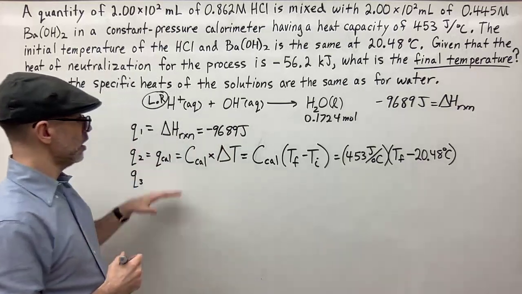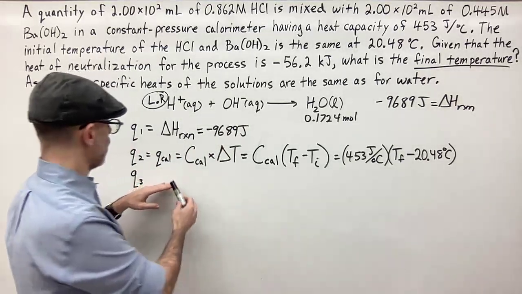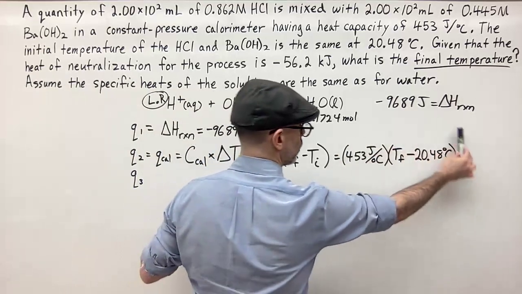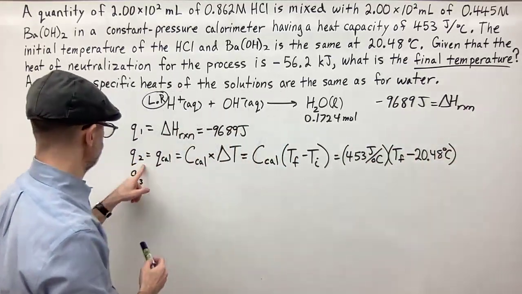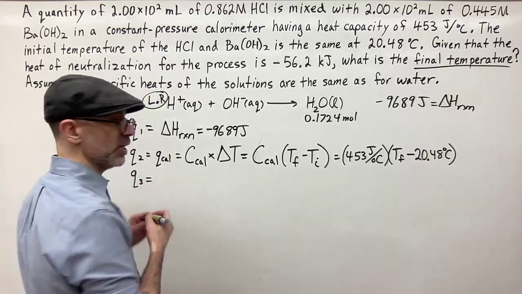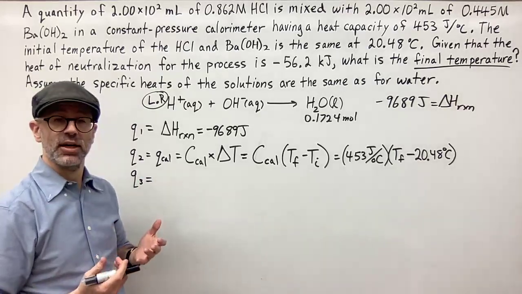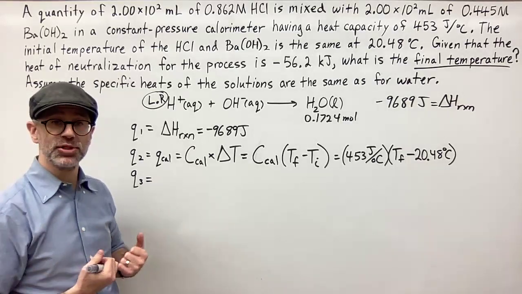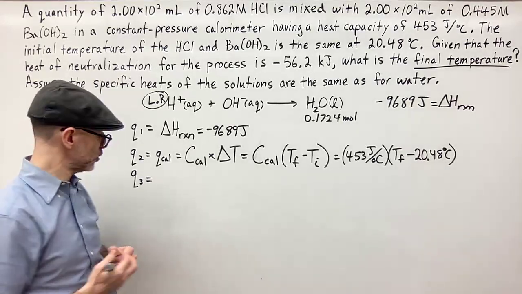Okay. So this is going to be our Q1 right here. So this is what we're going to have for equal to Q2. And our final Q is going to be the Q of the solution. So the solution is going to absorb some of that heat from the reaction as well.